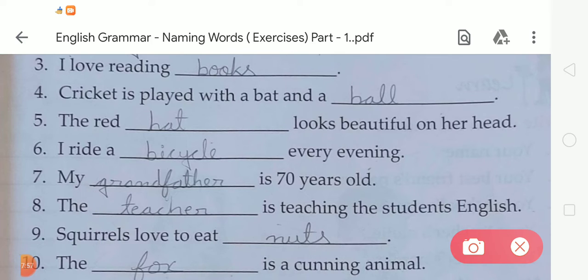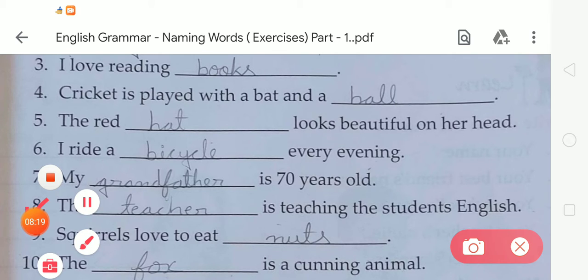Now moving to the next, number 8. In number 8, there is: the dash is teaching the students English. So what will we write? Student, tell me who teaches us in school. Teacher teaches us in school.